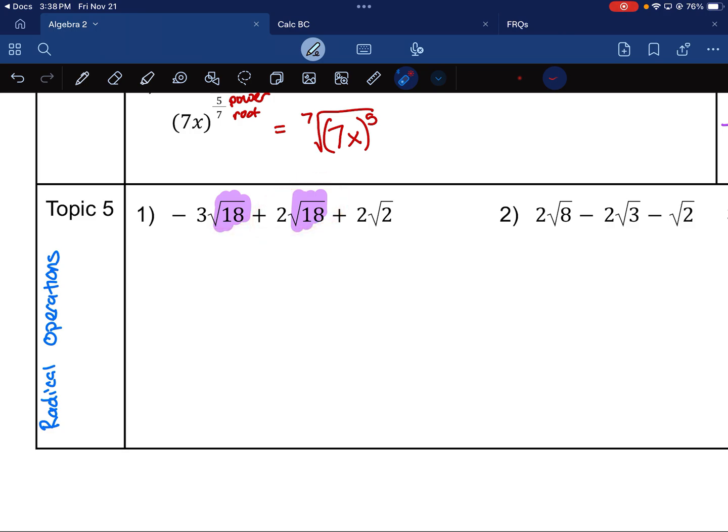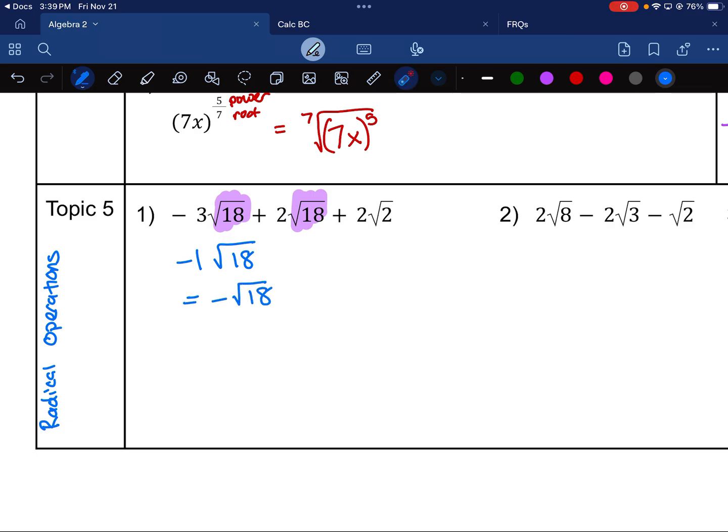This term is saying you have +2 radical 18s in your hand. So when you add these two together, you're combining -3 plus 2. We know -3 plus 2 is -1 square root of 18. And we never write the -1 when it's a coefficient, so it's just negative square root 18.